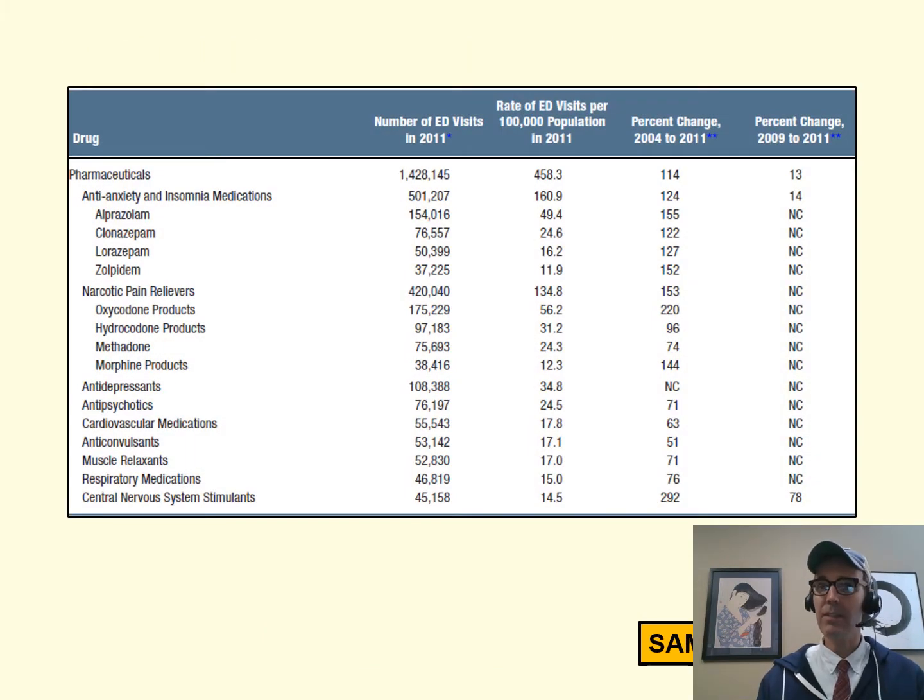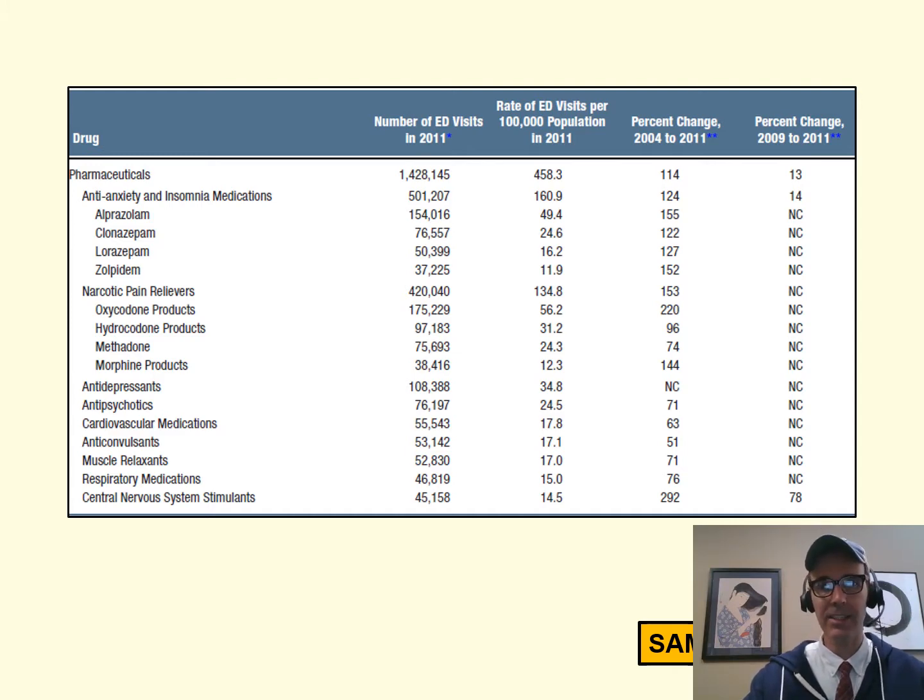Once we have this information, we can compare different drugs to see which drugs are associated with the greatest number of emergency department visits in a given year. This is a slightly old table. You can see it's data from 2011.